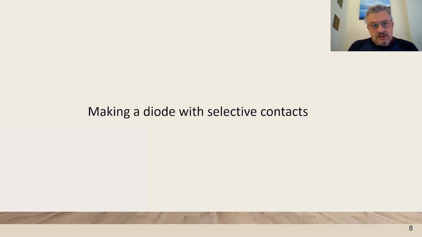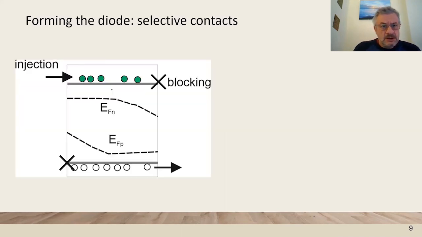Now we move to the structure of a diode. And this is basically a device that will inject electrons on one side and holes on the other side. To form a diode structure, we need that the contacts are selective to only one carrier.